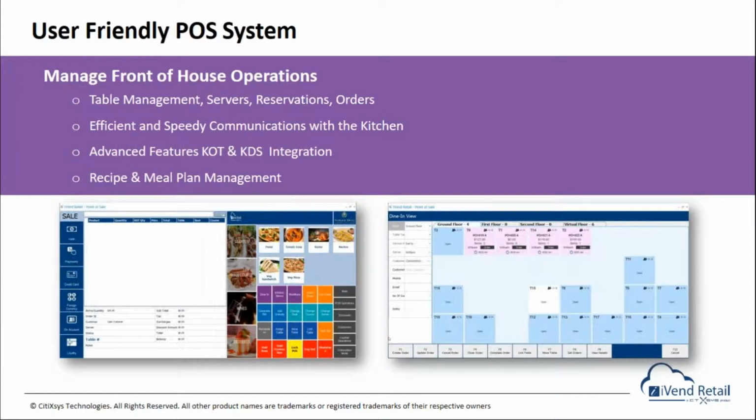For example, you may have two sections in the kitchen, vegetarian and non-vegetarian. Only the relevant items will land on the right monitor based on the product group mapping. And then you can do recipe and meal plan management as well in the system.